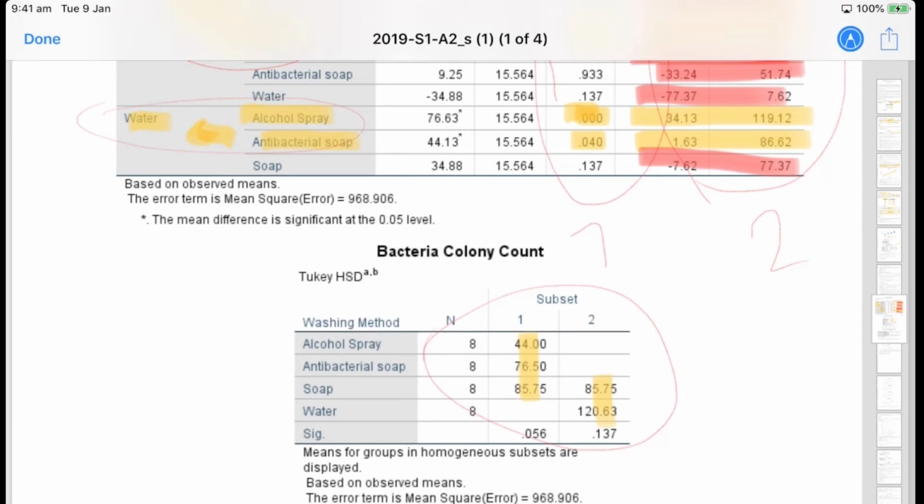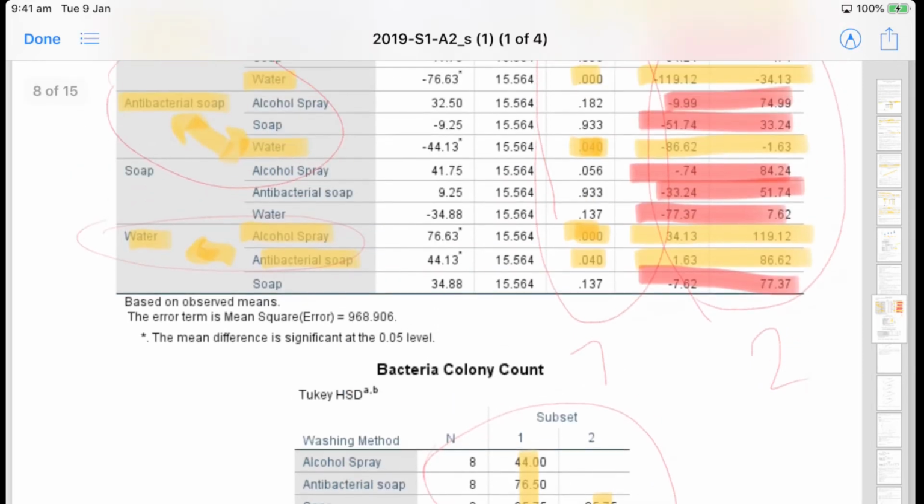And this actually verifies the answers that we had up there, because if you look at it, we can see that soap and water are in the same group here. Soap and water are in the same group, and there is no significant difference between them.